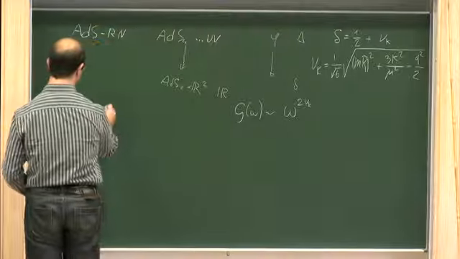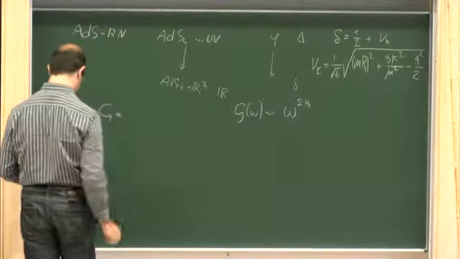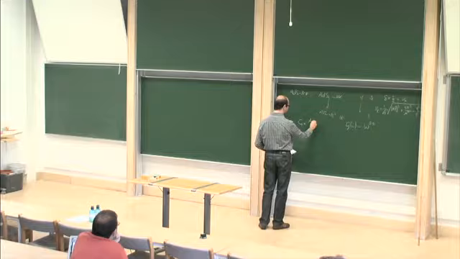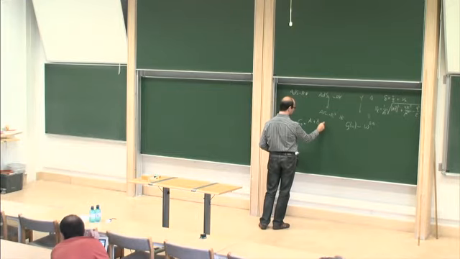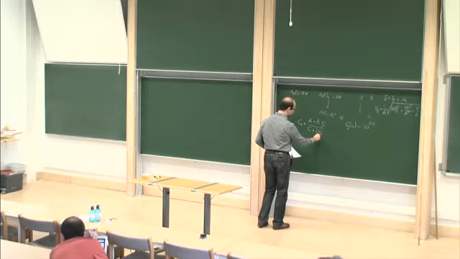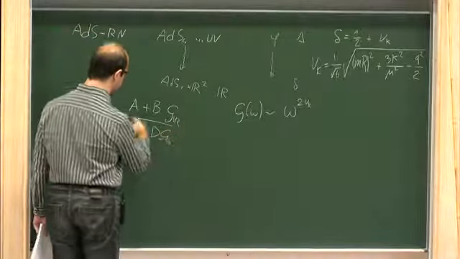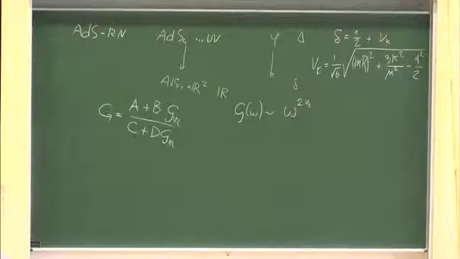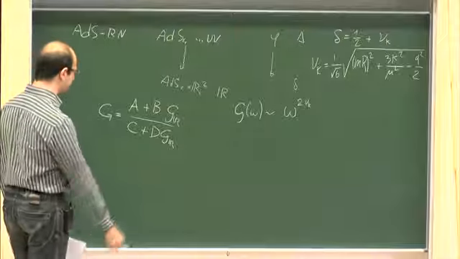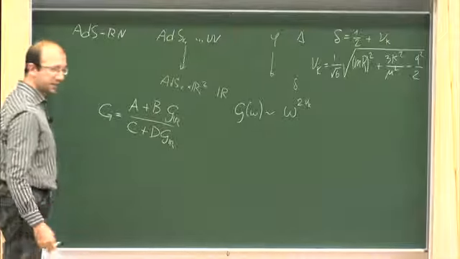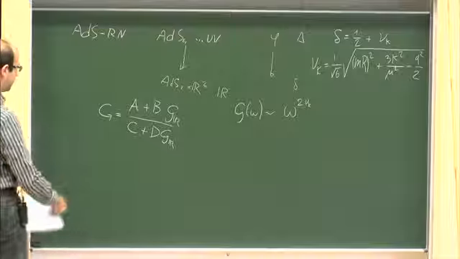One finds that the full Green's function has a form like this, where this curly G is the infrared correlator, and A, B, C, D are analytic functions of the momentum and the frequency.